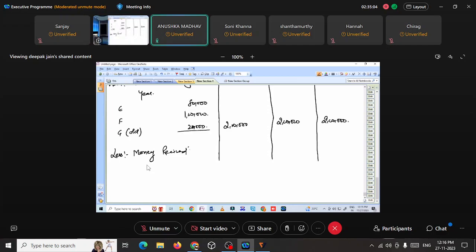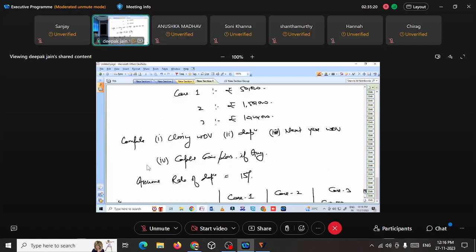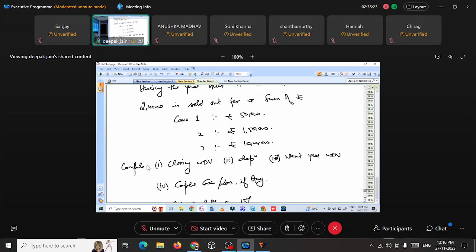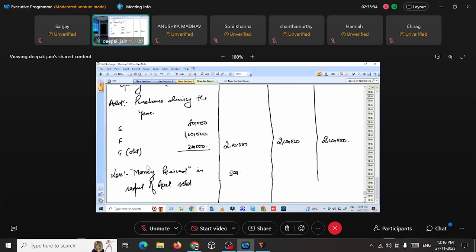Money received. Money received in respect of asset sold. So in case 1, an asset worth rupees 2 lakh is sold out for a sum of rupees 50,000. How much should be reduced? 50,000.